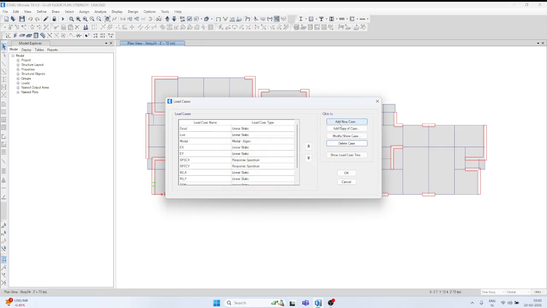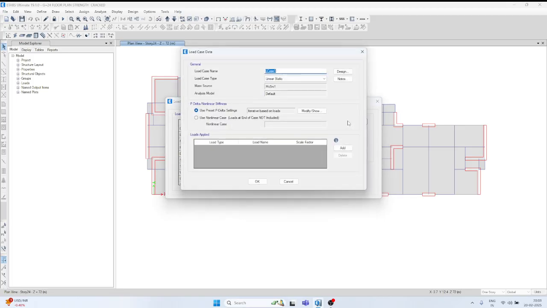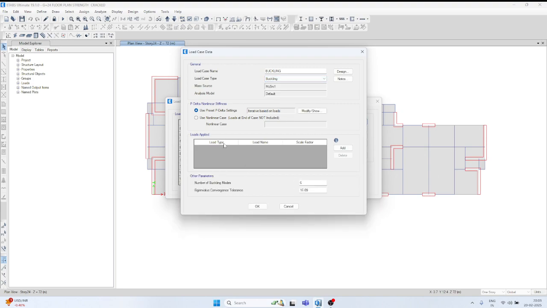Click Add New Case, and in the load case name write buckling. For the load case type, see, this is buckling. Here we have load type, load name and scale factor. So just click Add.